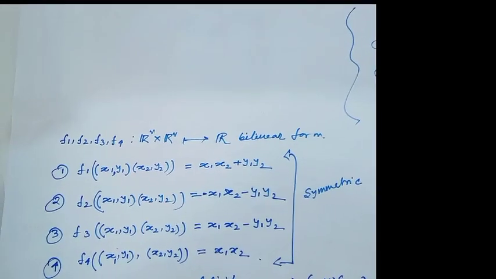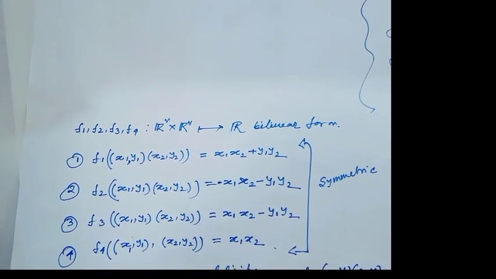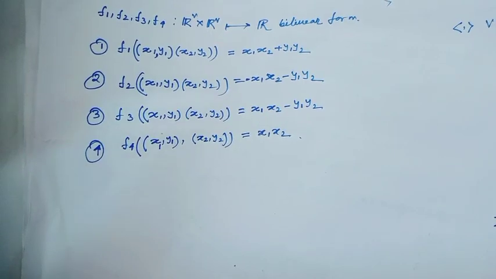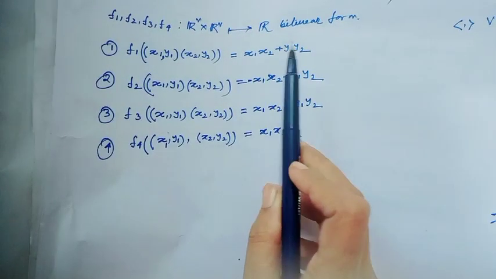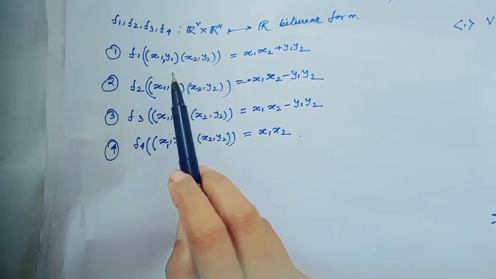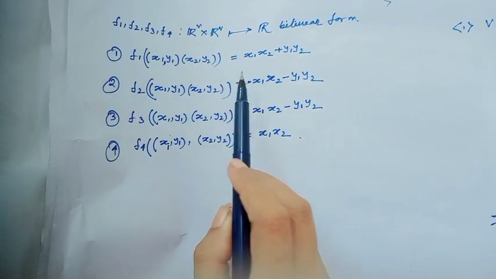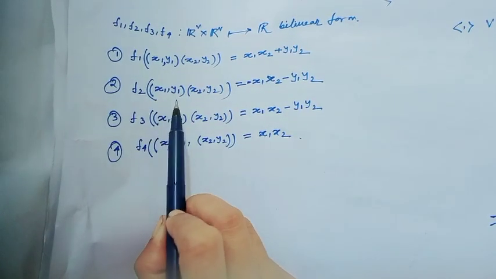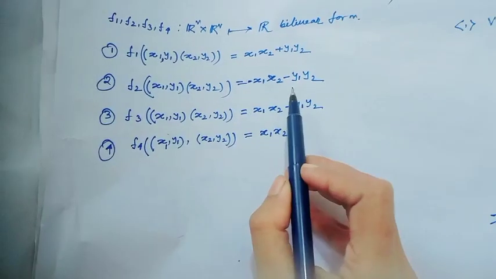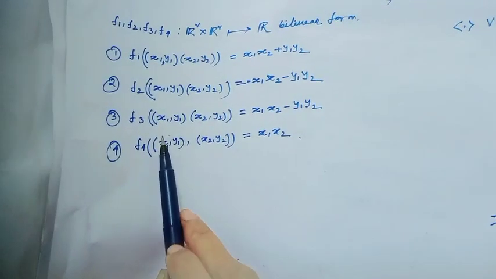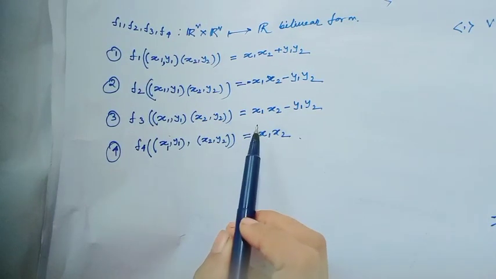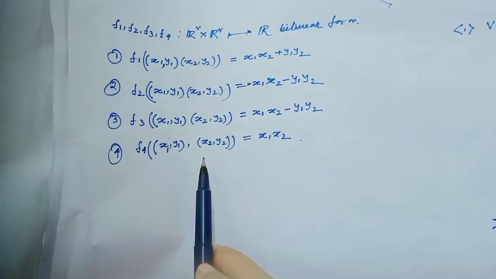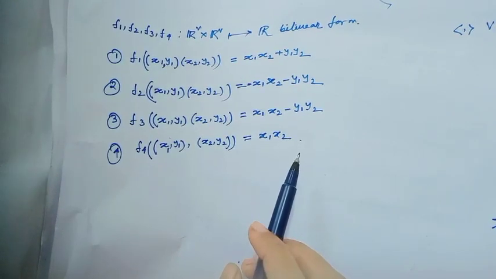Okay? We will see some examples which are bilinear forms but not inner products. Consider four bilinear forms defined from R² cross R² to R. First, f1((x1,y1),(x2,y2)) equals x1x2 plus y1y2. Second, f2((x1,y1),(x2,y2)) equals minus x1x2 minus y1y2. Third, f3((x1,y1),(x2,y2)) equals x1x2 minus y1y2. Fourth, f4((x1,y1),(x2,y2)) equals x1x2.